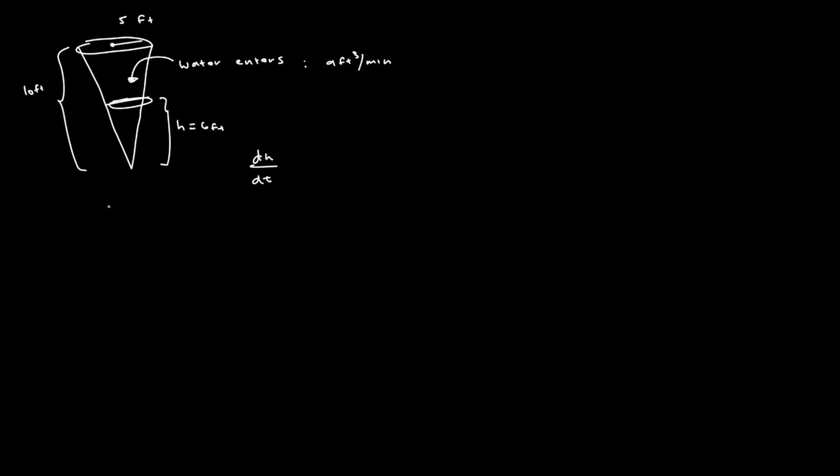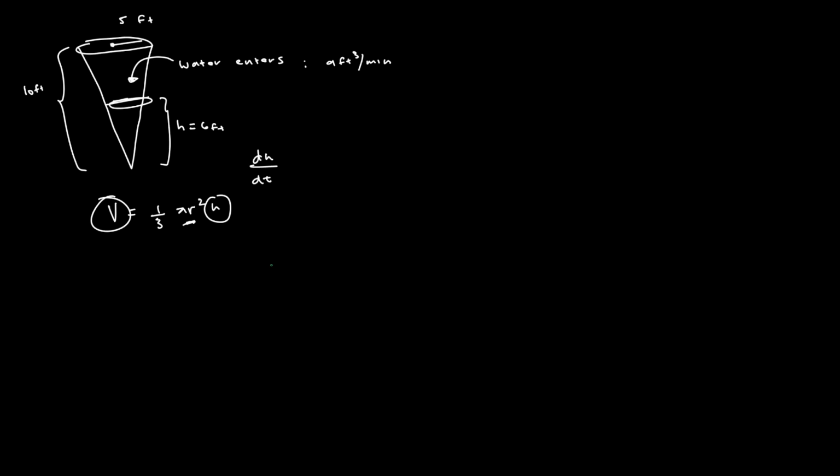And we know that the volume of a cone is equal to 1/3 pi r squared h. The only things that are changing over here are height and volume with respect to time. So we can treat r as a constant because the radius is, or actually, sorry, ignore that.